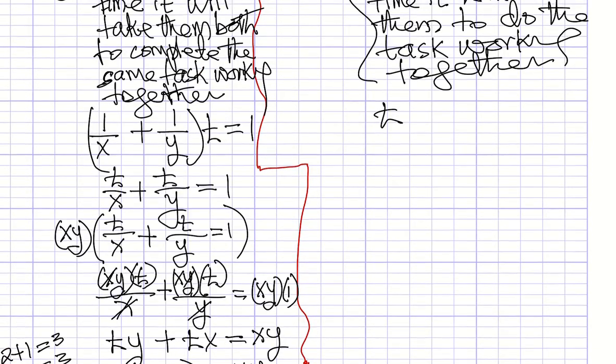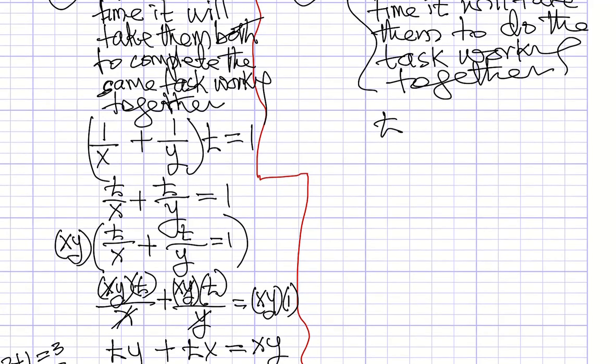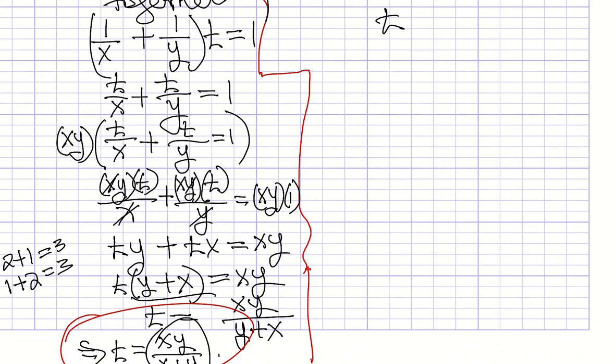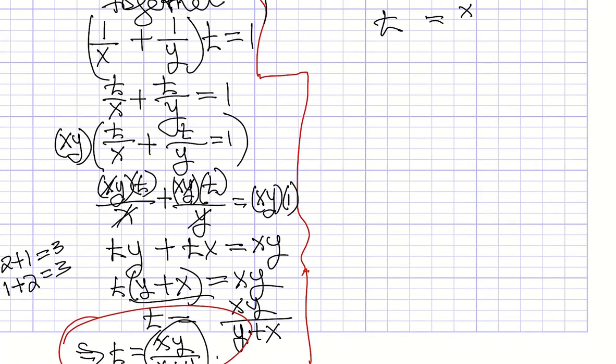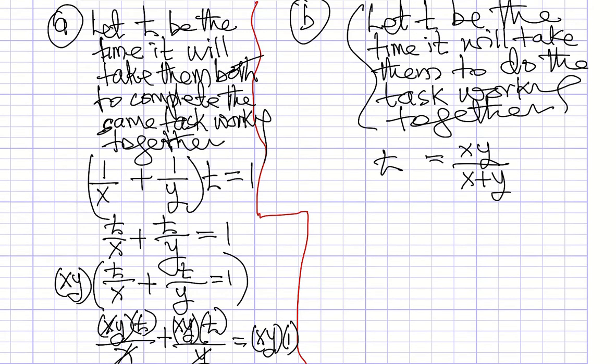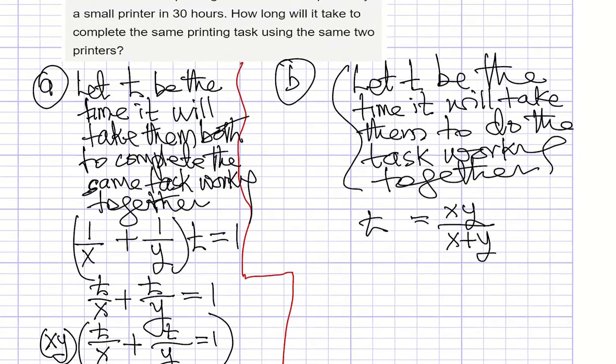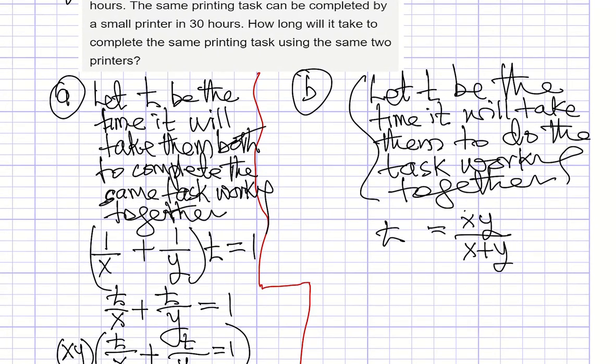We say, okay, we know that from what we derived, t equals x times y over x plus y. And you gotta understand what that means. This is the time one of them is using.